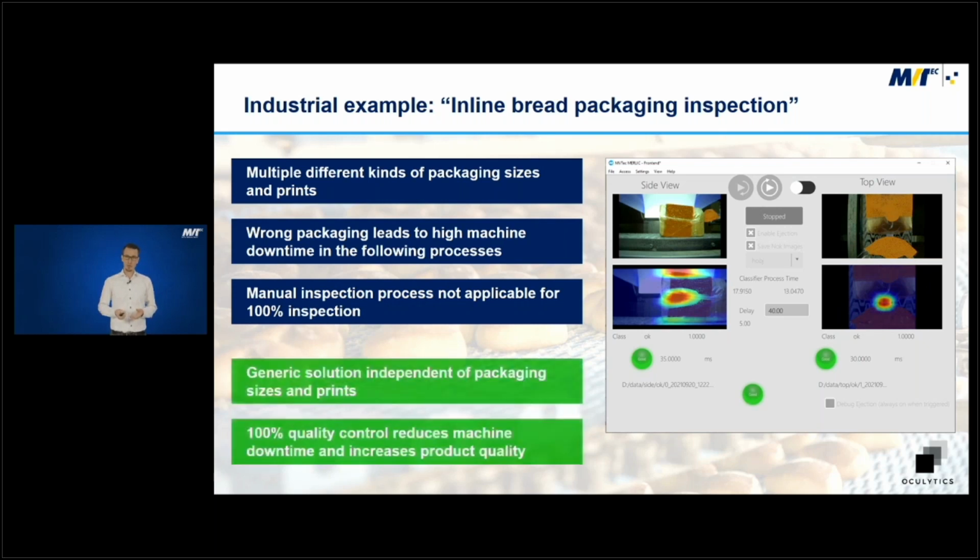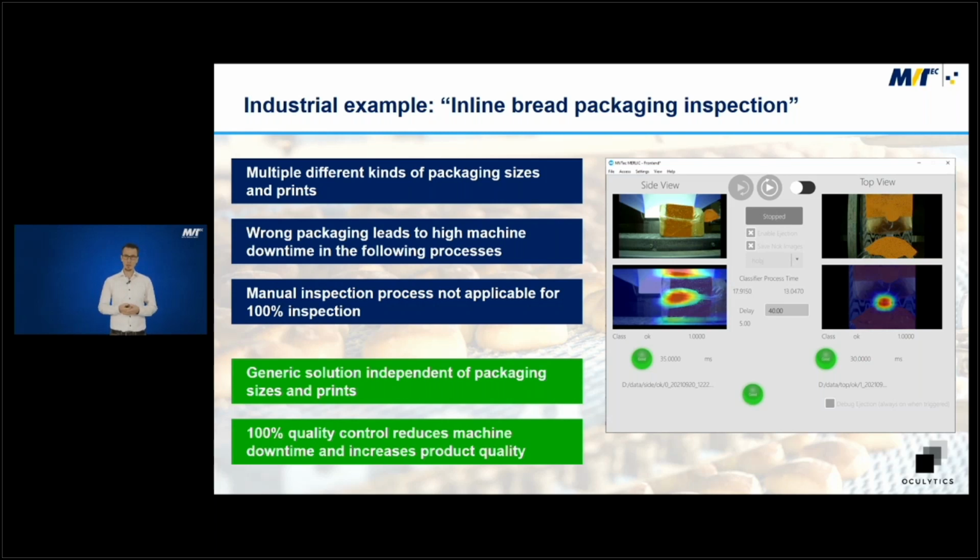And what we could achieve here was a 100% generic, independent classifier, which can handle different sorts of bread, different kinds of printings, and different sizes of the packages with one program. So there is no need for setting up the image processing system for every kind of product.